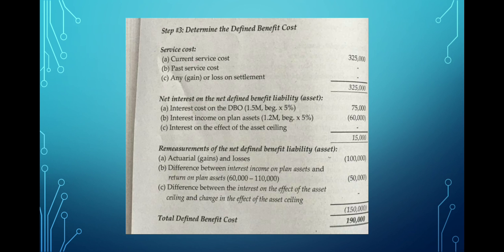Or more like we add the service cost and net interest on the net defined benefit liability asset, and then subtract 150,000 as the remeasurements of the net defined benefit liability asset, and that equals the total defined benefit cost.